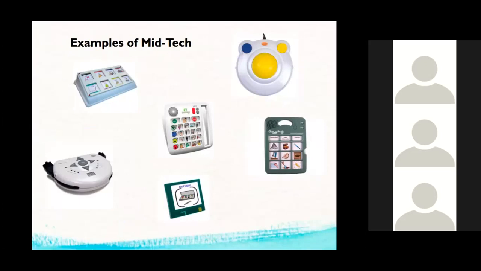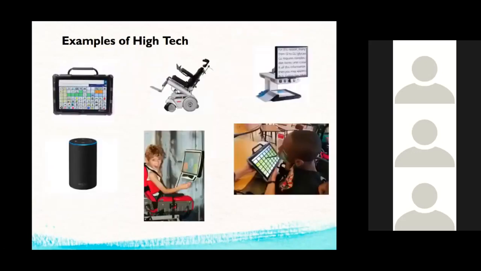So you can see some very simple kinds of technology there. Up in the right hand side, that is an adapted mouse so that you have an easier time. The blue button is the left button on the mouse, and the yellow button is the right button on the mouse, and then there's a trackball. The yellow ball in the middle is a trackball. So these are more mid-tech.